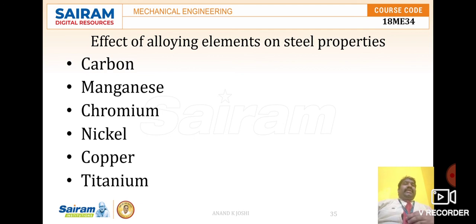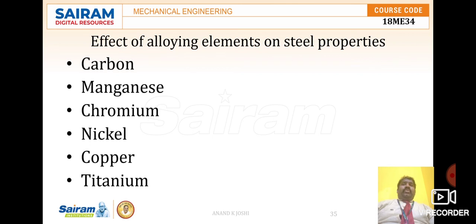It is usually added in 18-8 stainless steel, that is 18% chromium and 8% nickel, to prevent the harmful precipitation of chromium carbides. In some cases it is also added to low carbon steel to make them more suitable for annealing. Okay, so this is about titanium.